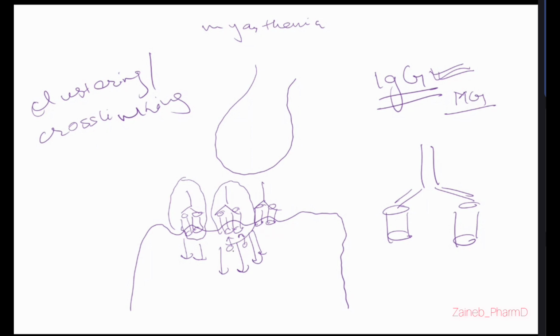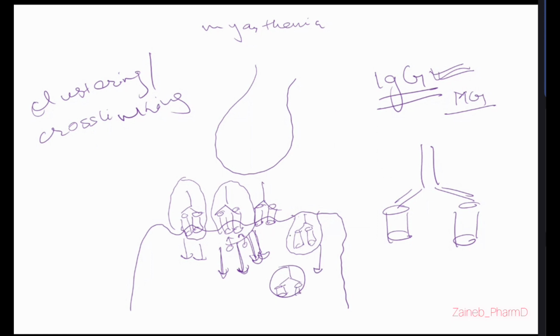So it will catch, arrest, and pull itself inside, just like endocytosis. For example, these are the receptors and this is the antibody. It will get pinched off inside, and it will become a vesicle.